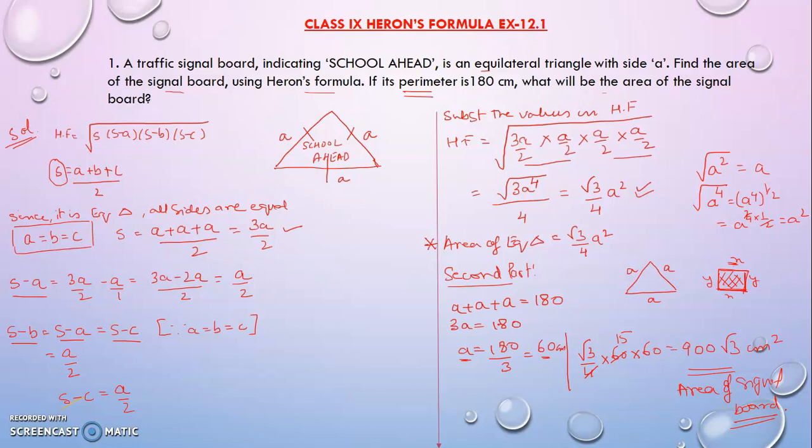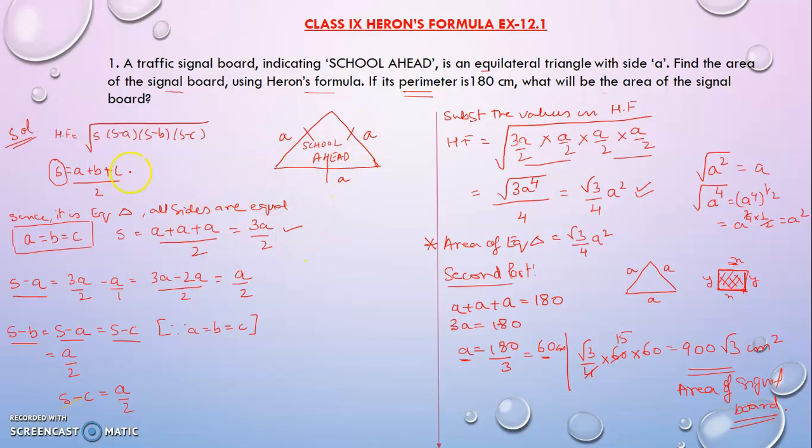I hope, students, you have followed the concept of what Heron's formula is and how we apply it, and from the question we will see what is given to us and then solve. Let me quickly recap. It is an equilateral triangle, so the sides are equal, a.